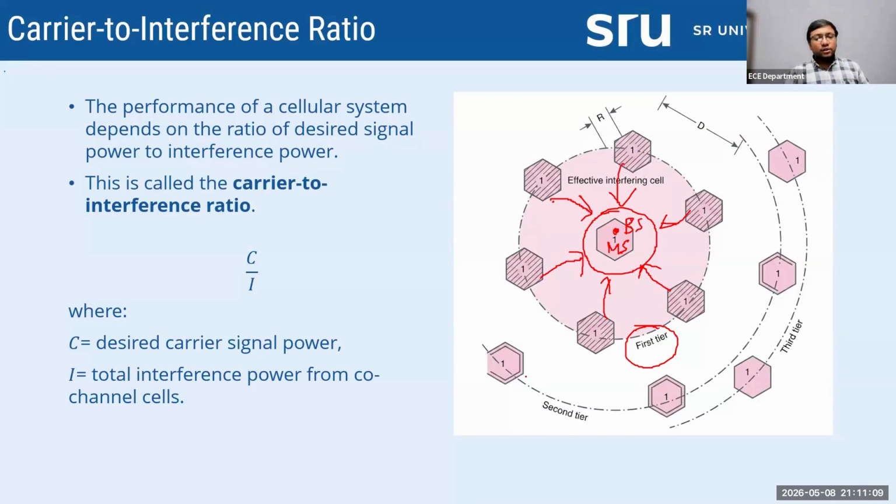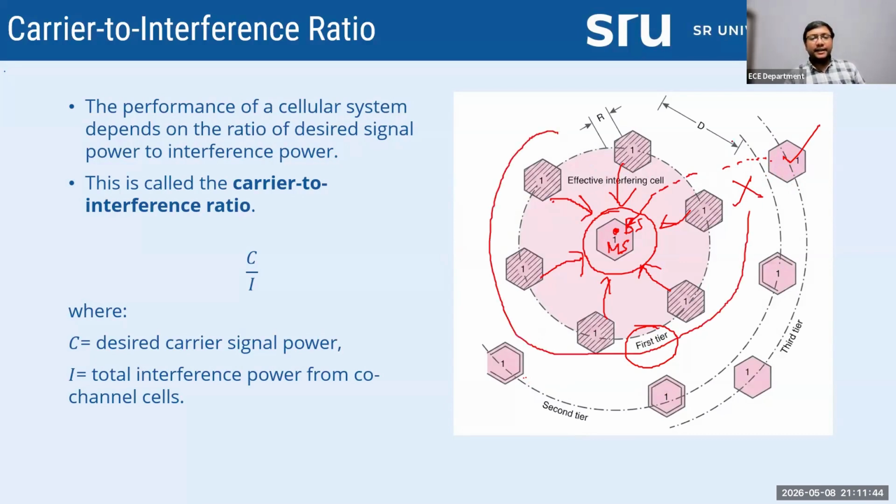There are other cells also using the same frequency, but these cells are very far, so there is very little chance of interference. So whenever we analyze carrier to interference ratio, we are more interested in the interference that one cell can have from the 6 immediately neighboring cells.